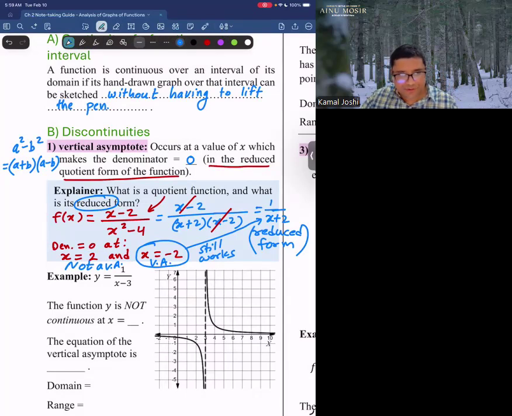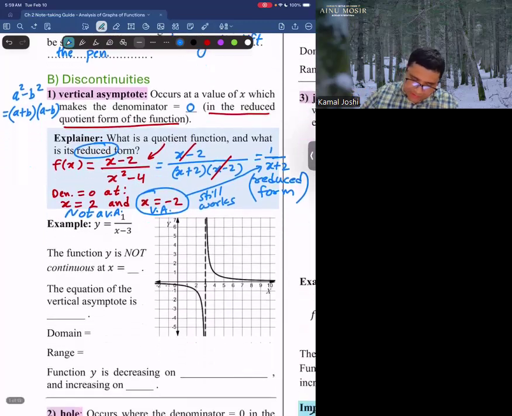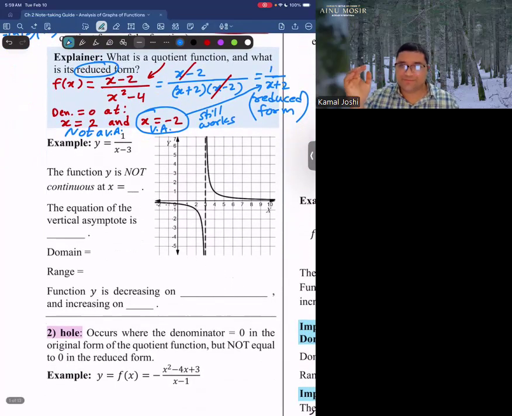All right. And that was the explanation about the quotient form, the reduced form, and when you get a vertical asymptote. Let us now look at the graph. I have taken a simple function here which is already in the reduced form, y equals 1 over x minus 3.